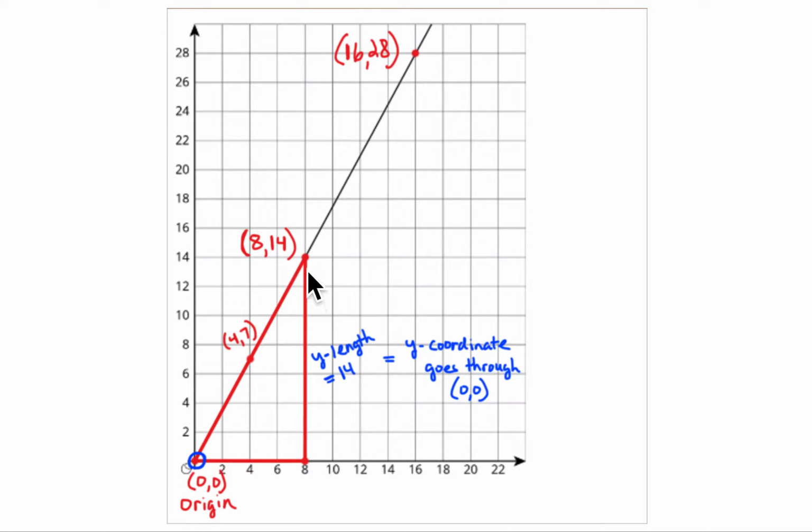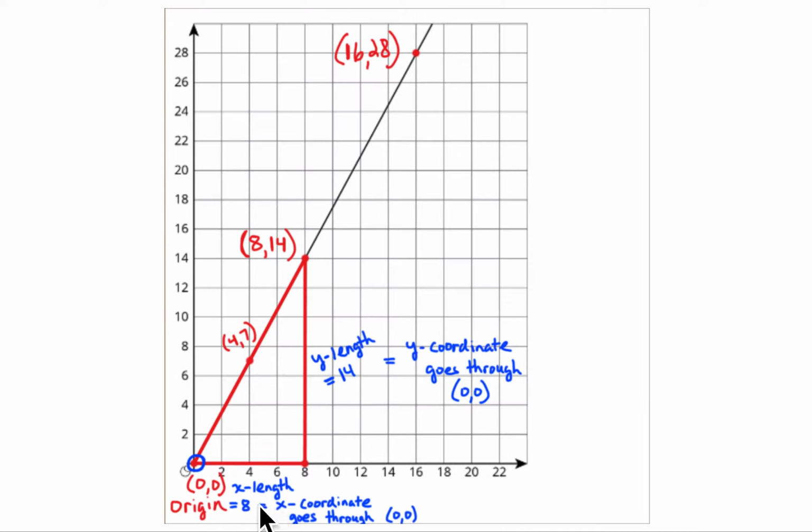That is the y-coordinate. It's right there because this has already been slid over to (0, 0). The line, the graph, goes through the origin (0, 0). And the horizontal distance is the x-coordinate.